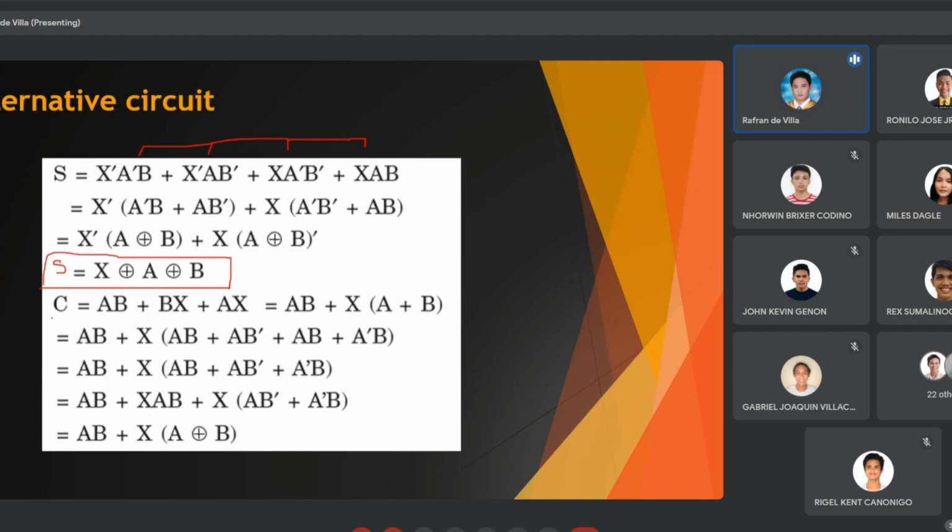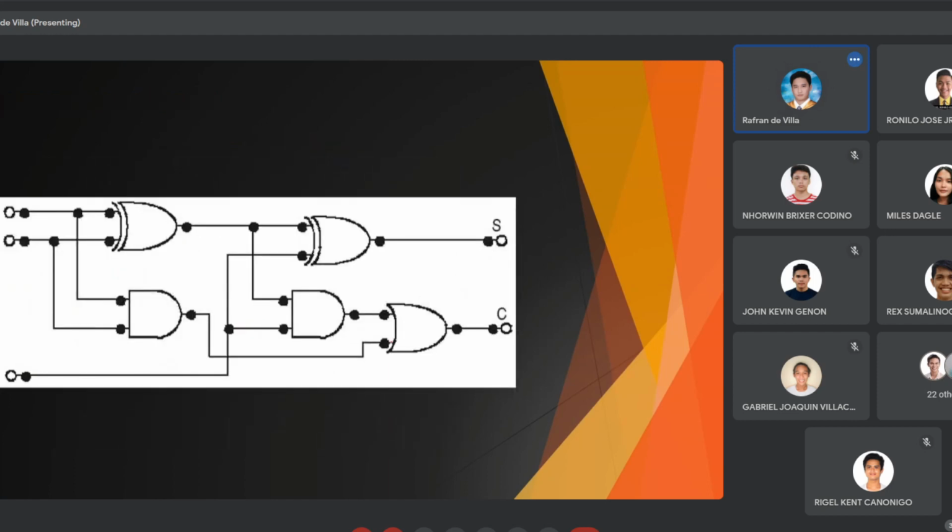And of course, for the carry, we could also reconfigure it to not use this expression. Instead, we reorganize the way we group the carry, such that the final output now looks like this.